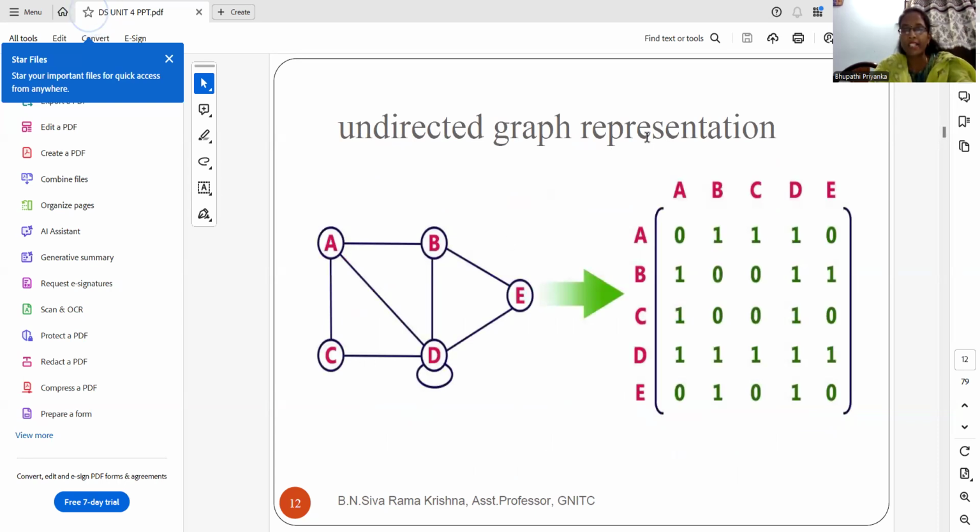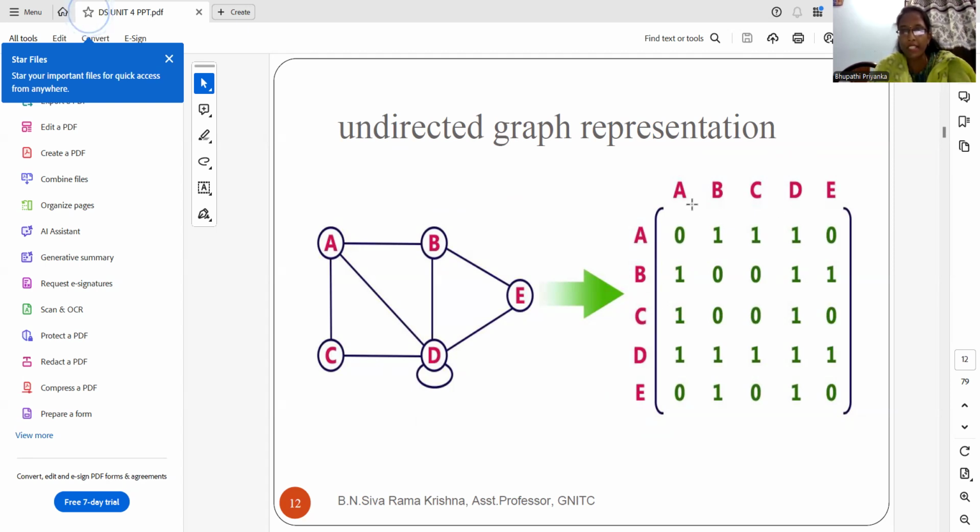This is an undirected graph representation. See, this is a graph with A, B, C, D, E. We are not mentioning any directions. That is why it is known as an undirected graph. A, B, C, D, E are known as vertices.